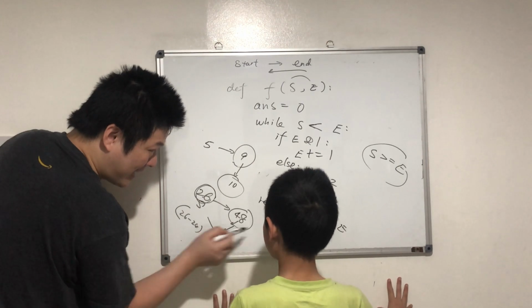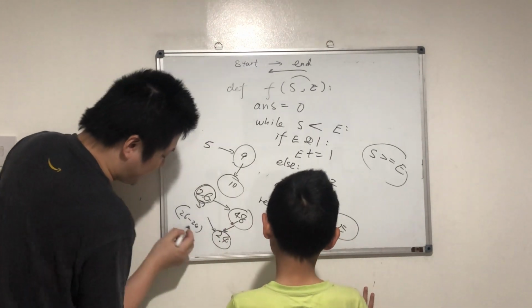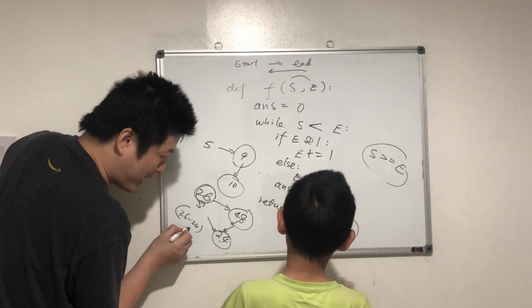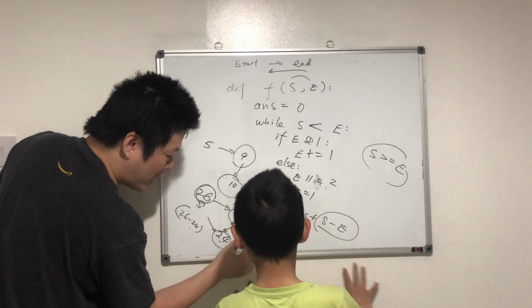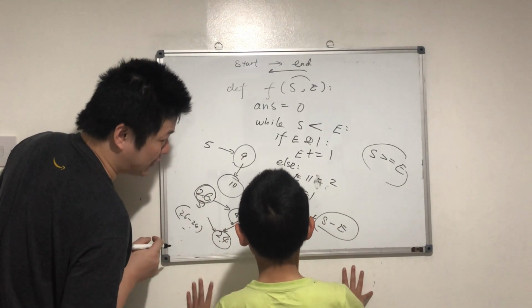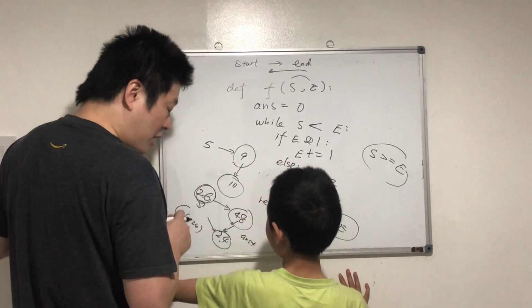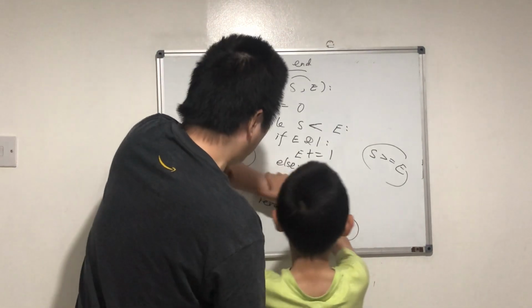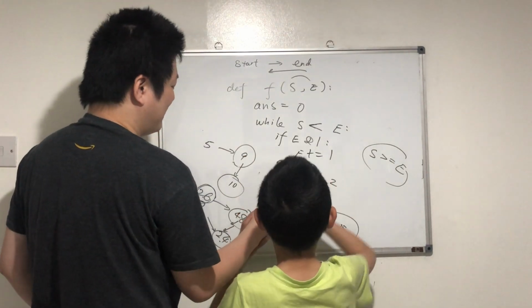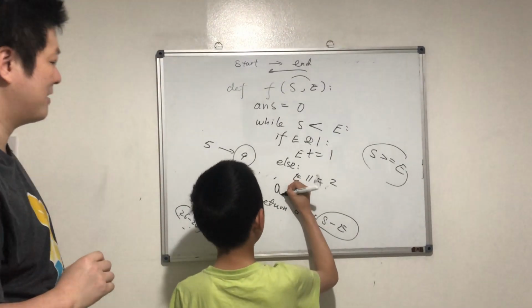That's what S minus N means here. The answer is 1, so it is 3 operations. Does it make sense?